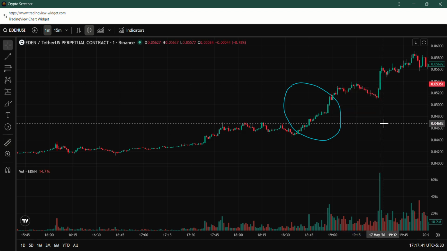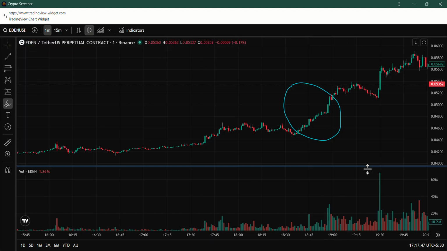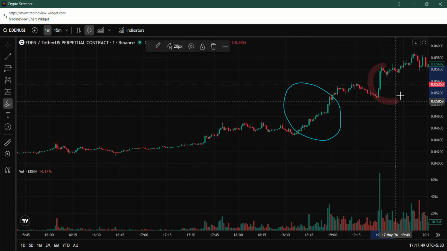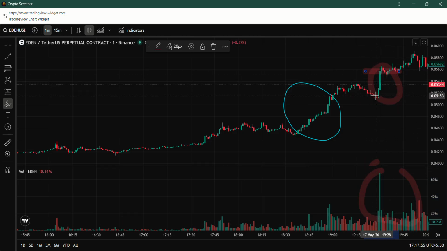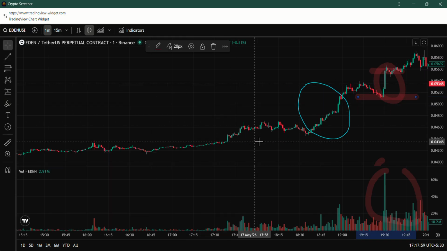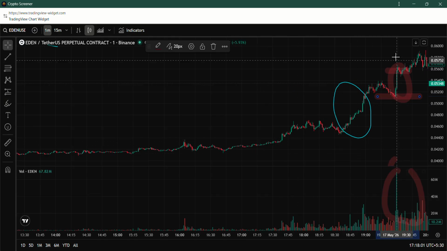When this candle formed from this volume, I entered here and my stop loss is there, because there is imbalance here.